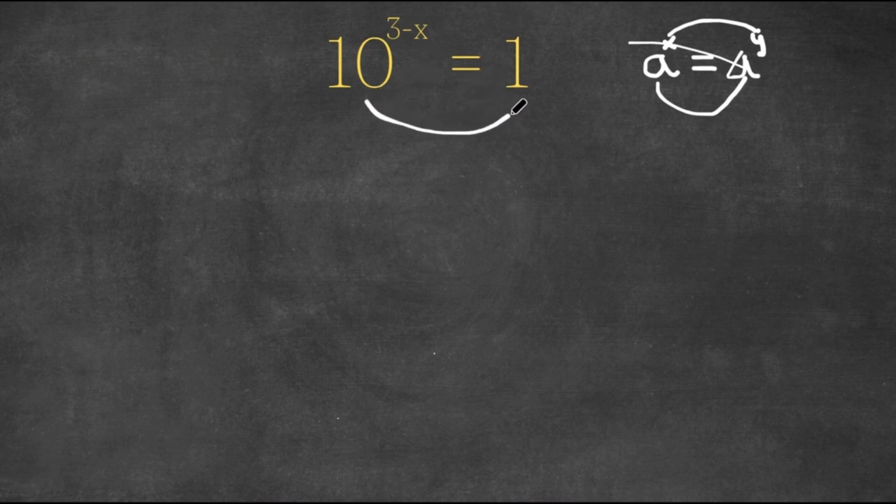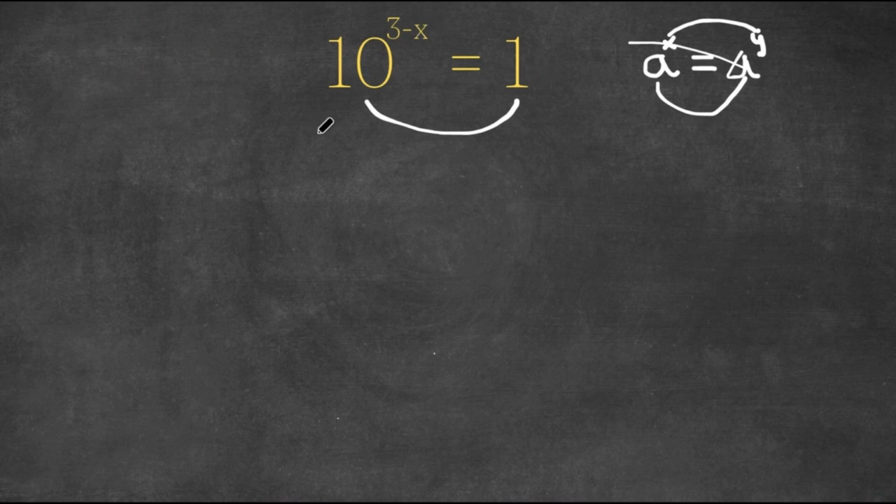So we want to make the bases of 10 and 1 equal each other. Well, that means we have to change one of the bases. And we can't really change 10 to be equal to 1, so why don't we change 1? Well, 10 to the power of what equals 1? 0, right?